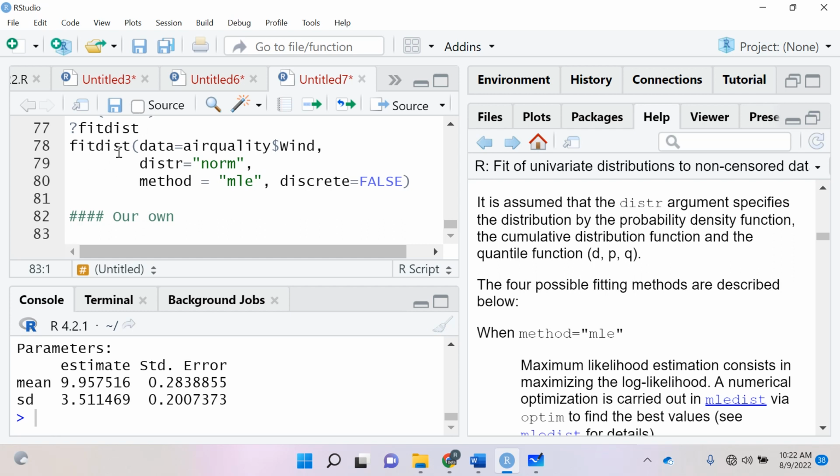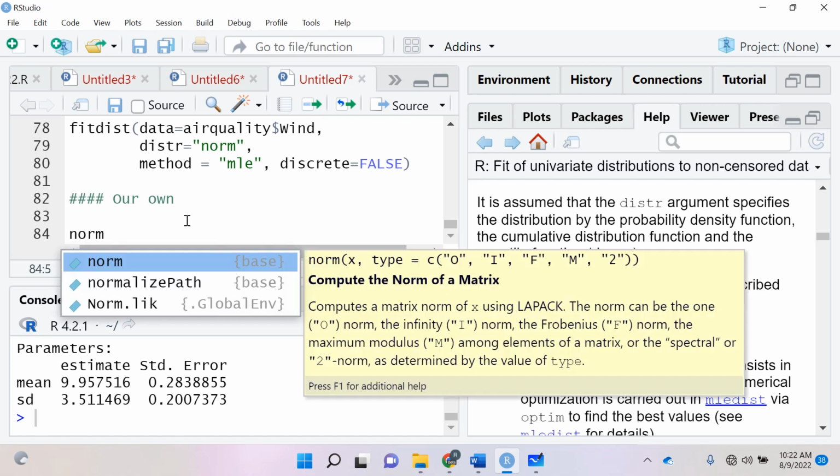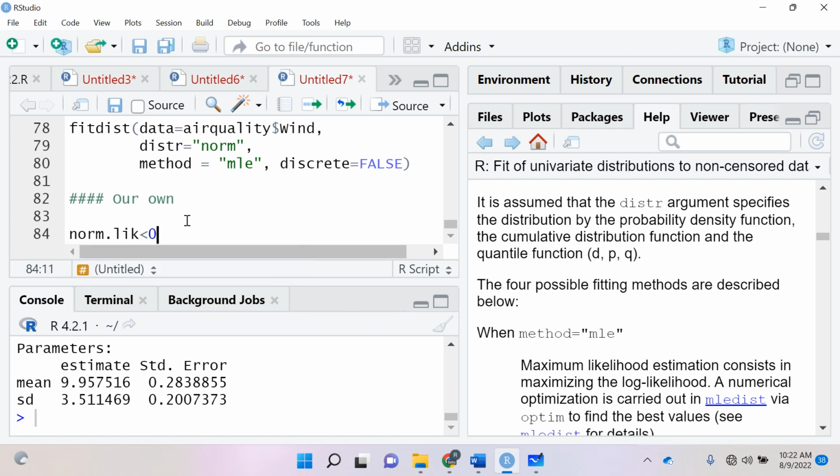That will be like the fitdistr that we have done. But for now we'll do it separately. So I'll name my norm.likelihood, which will be a function that takes in arguments, parameters and data, right? Parameters and data.